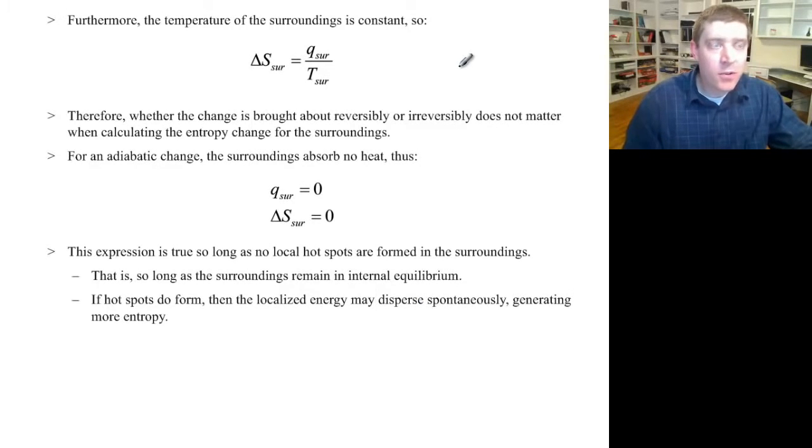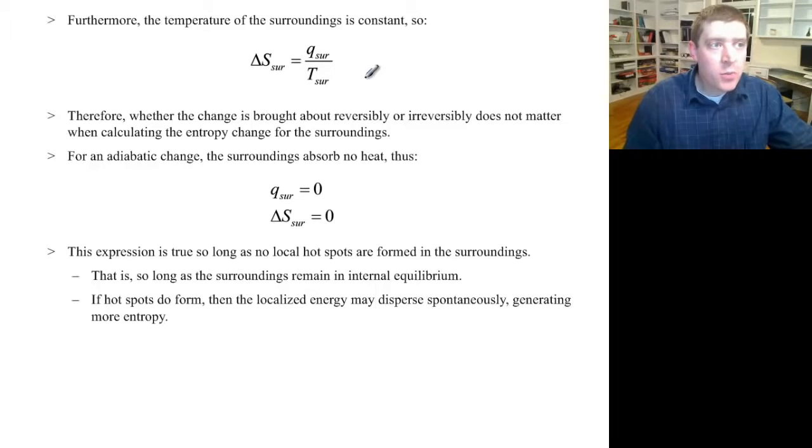Also, the temperature of the surroundings is constant because it's the remainder of the universe. And so we now can say that delta S for the surroundings, the change in entropy of the surroundings, is equal to the heat transferred to the surroundings divided by the temperature of the surroundings. We no longer have to integrate.